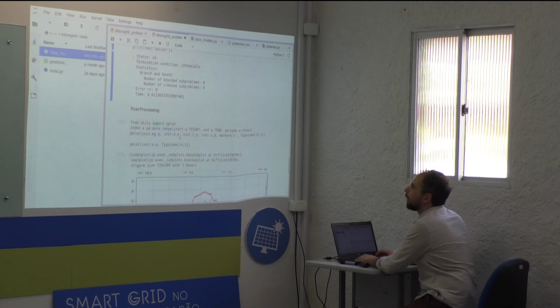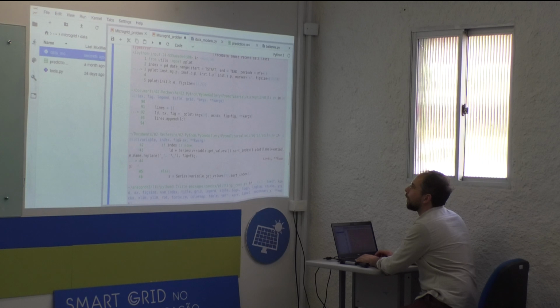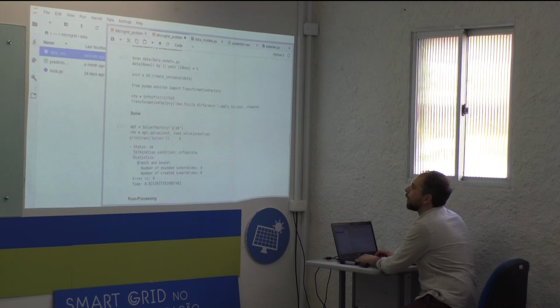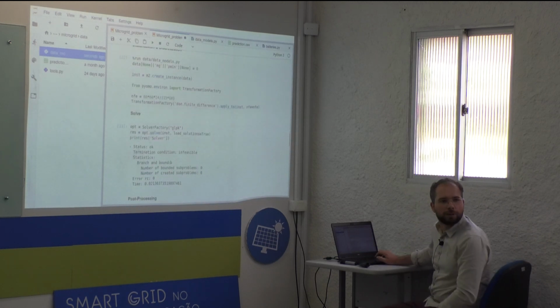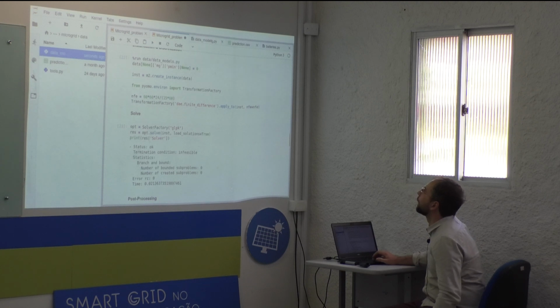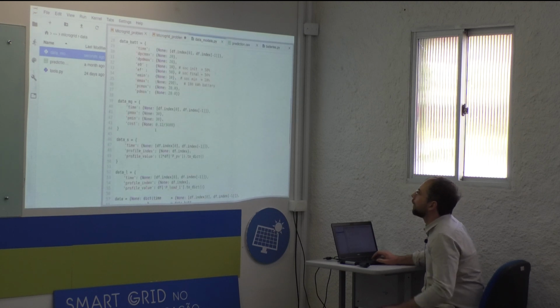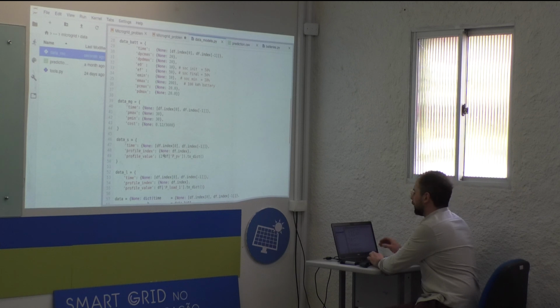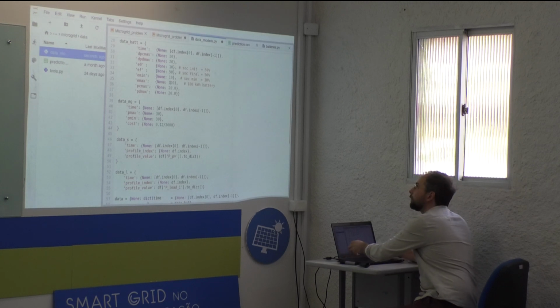Ainda não. Ainda não está feasible. Não. Vou botar de volta ao início.